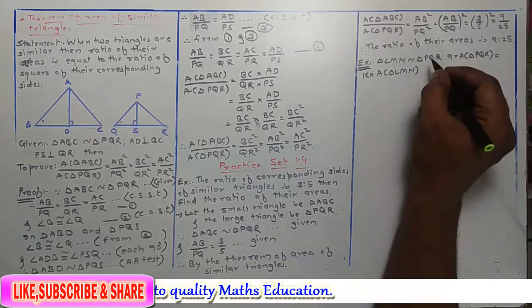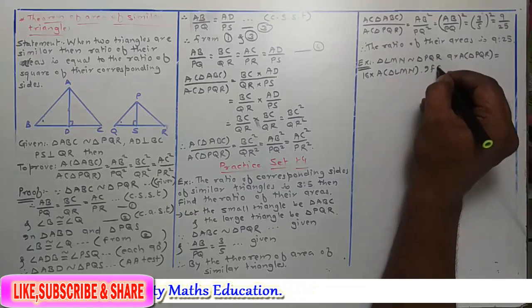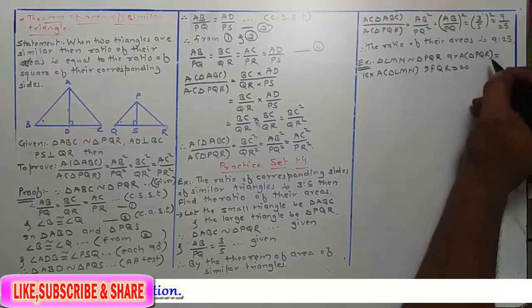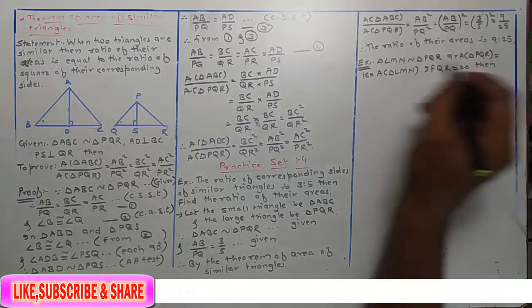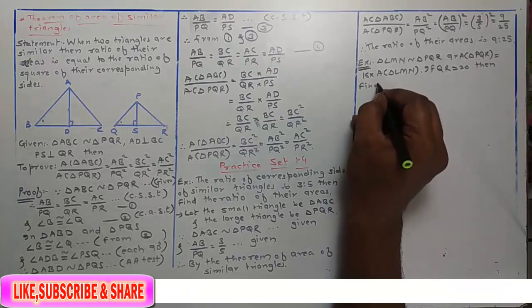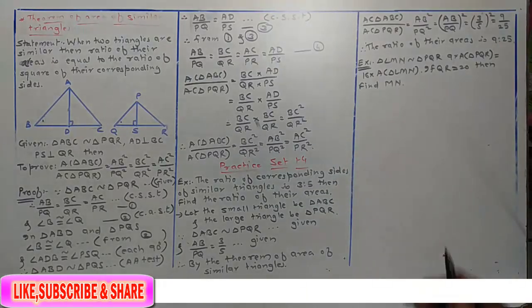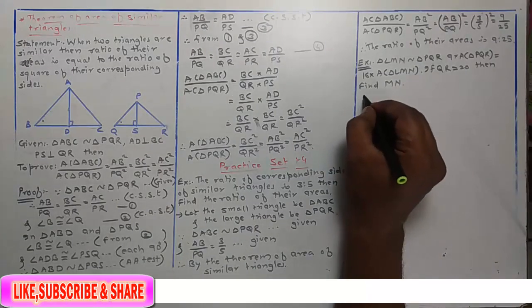Okay, if QR is equal to 20, then find MN. Find MN. Okay, so here solution.